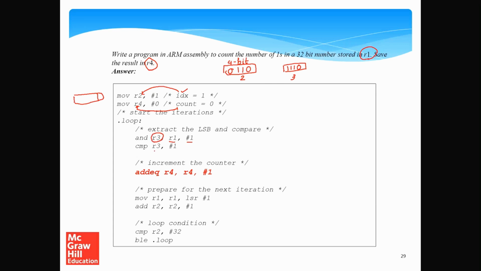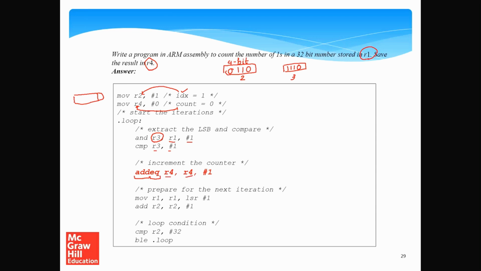Let us now compare R3 with 1. Here is the new instruction that we insert over here, and it is very important to understand this part: only if the comparison results in an equality, or alternatively only if the LSB is equal to 1, do we increment the count, which is in R4, by 1.